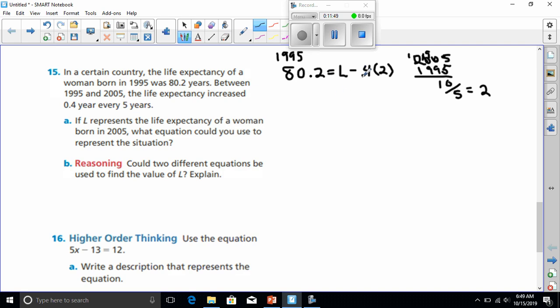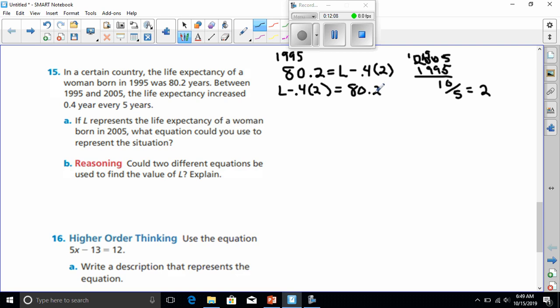Of course, we could rearrange this equation a number of ways. We could say that the life expectancy minus 0.4 times 2 equals 80.2.